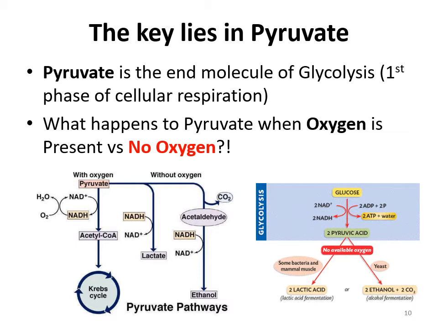Now, if there is no oxygen present, instead, the pyruvate will undergo what's called fermentation. Fermentation occurs in the cytoplasm, and ultimately, it does not produce any extra ATP. And we'll talk about that in a minute.